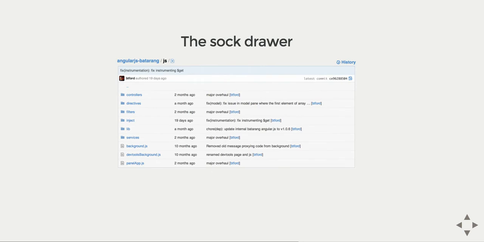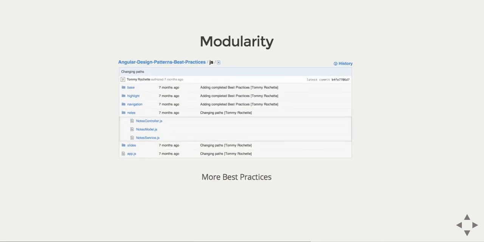There's another concept that AngularJS Batarang uses, called the sock drawer, where they create individual folders called controllers, directives, filters, services, and they start putting those in there. That's okay, but once your application starts scaling, you're going to have huge files within those folders. The best one that we came up with was a modularity process, where you break down your code into the module that you're using.